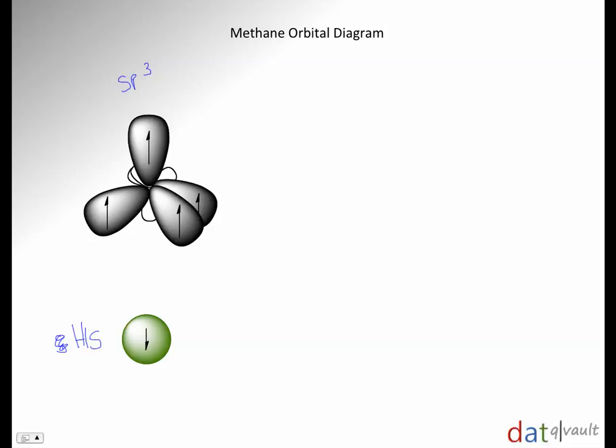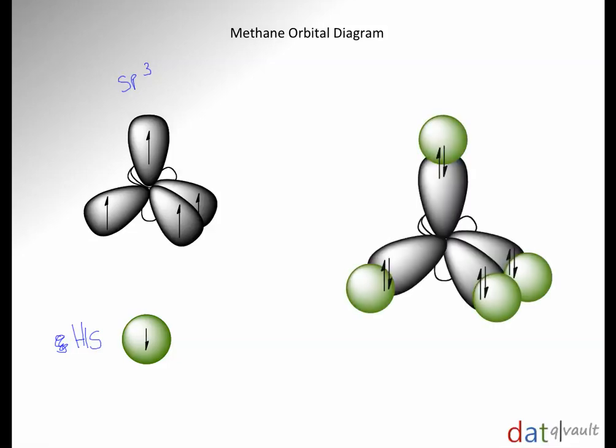So we match the spin states in each of these orbitals of hydrogen and now of the sp3 hybridized orbitals of carbon, and we can form our methane molecule. So here we have now our 4 hydrogen s orbitals bonding to our 4 sp3 hybridized orbitals around carbon, and each orbital has 2 spin paired electrons in each bond.